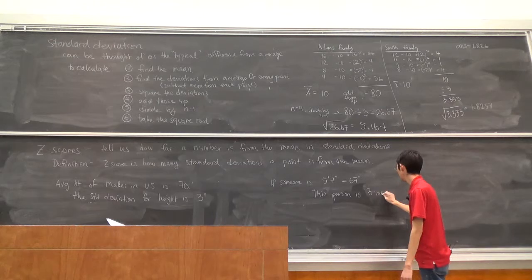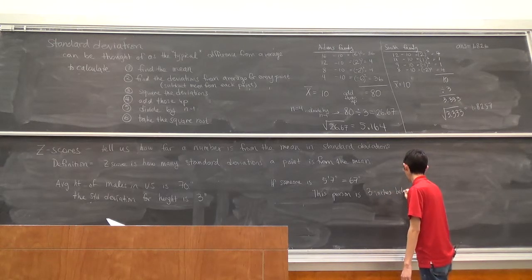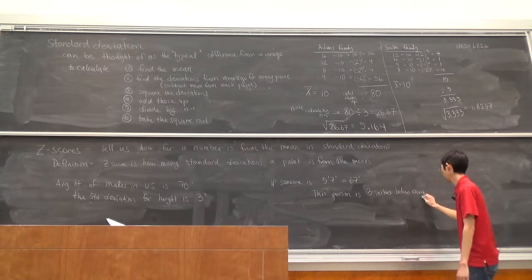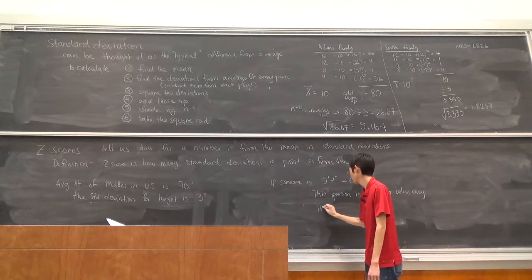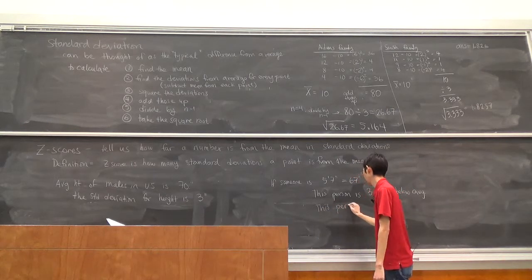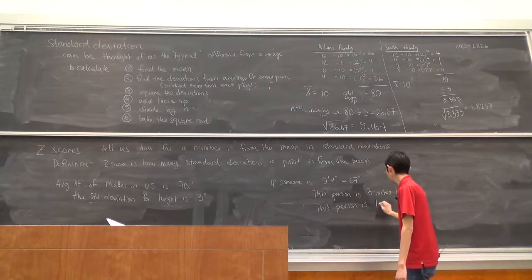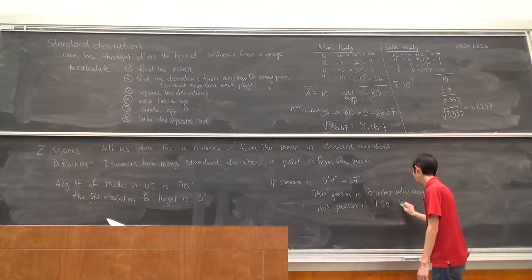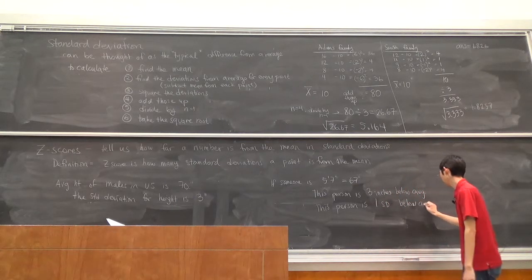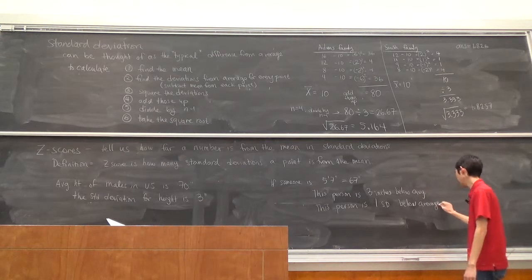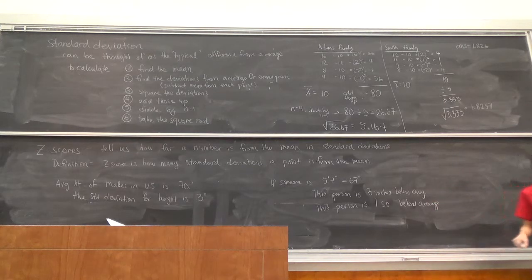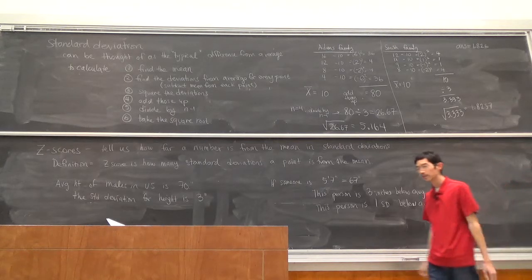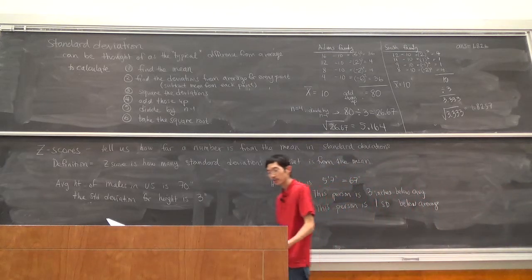Three inches below average, or 1 standard deviation below average. These are both saying the same thing, except in one we are expressing that distance in standard deviations rather than the raw unit.